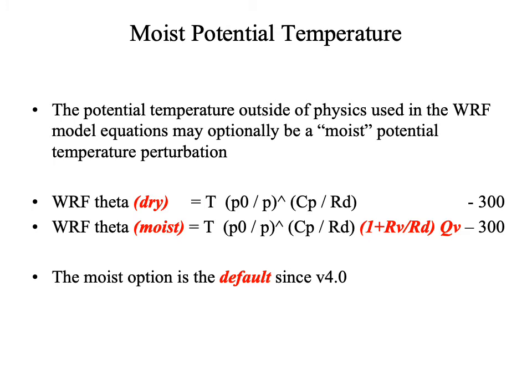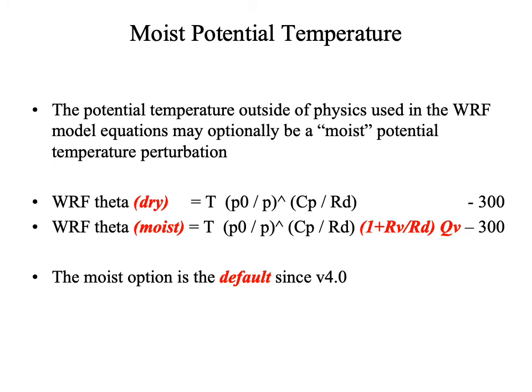Users have to be a little bit careful when they are interpreting the data that comes out of the WRF model or the real program. The variable T is the dry potential temperature with a 300 Kelvin offset removed.